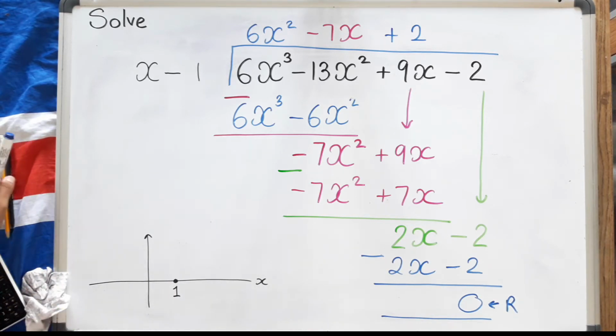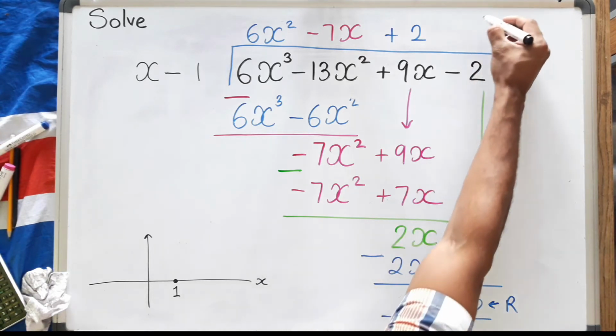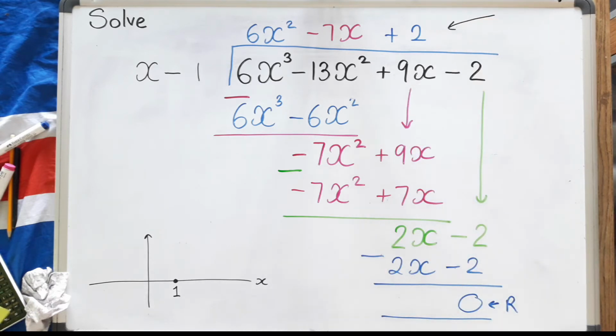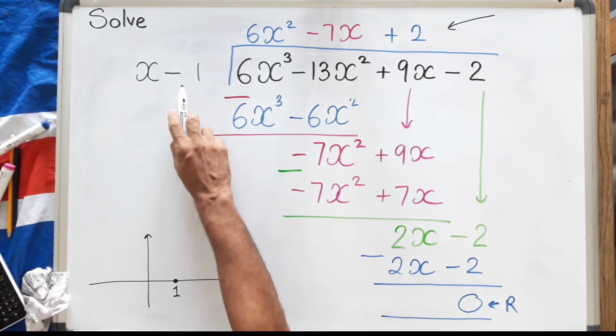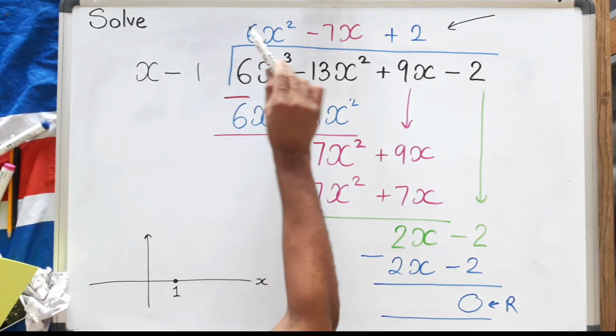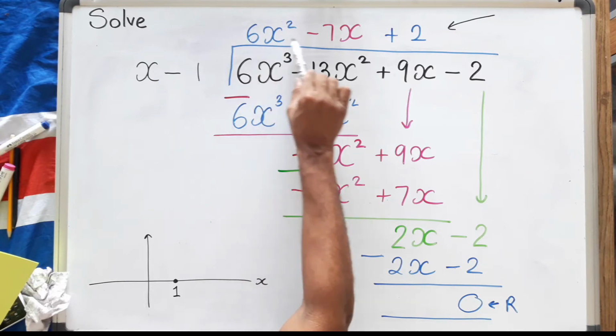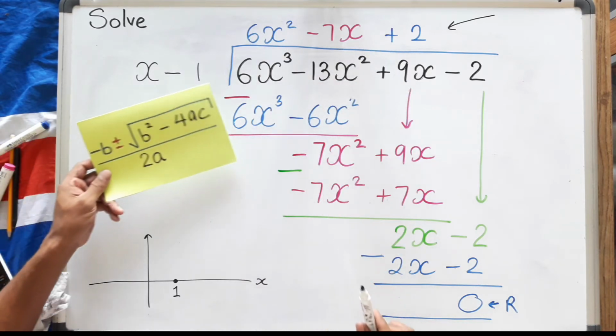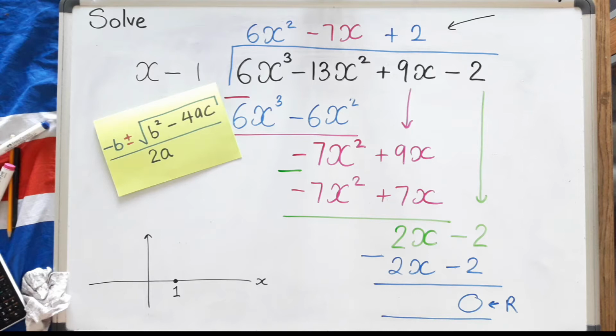To figure out where else it cuts the x-axis, you see this quadratic on top? When you solve a quadratic, you usually get 2 answers. So we guess the first answer, and then the quadratic we get on top, we solve it using any method you wish, but I would use the quadratic formula.